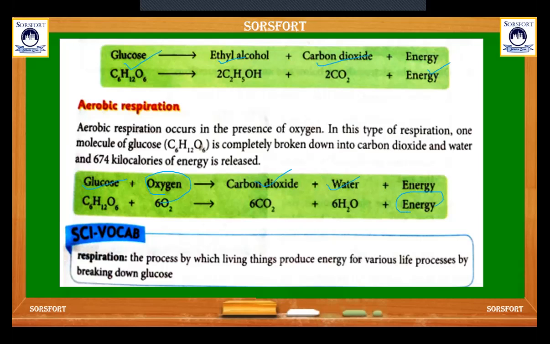It's a huge amount of energy, about 674 kilocalorie. In this type of respiration, one molecule of glucose is completely broken down into carbon dioxide and water, and 674 kilocalorie of energy is released.